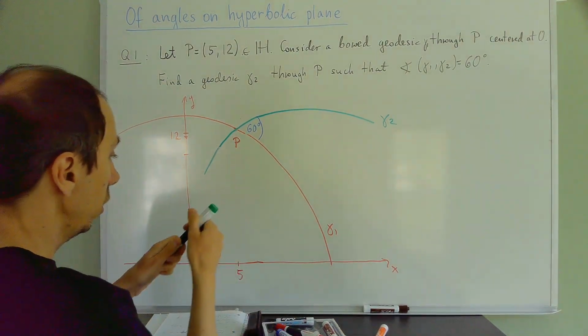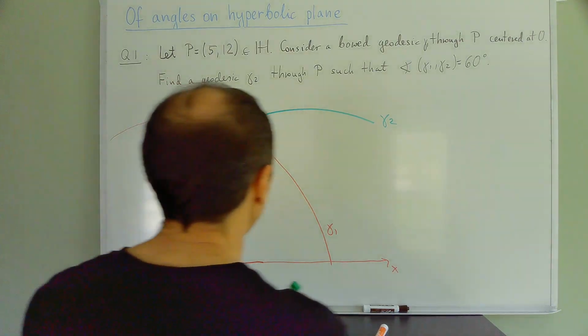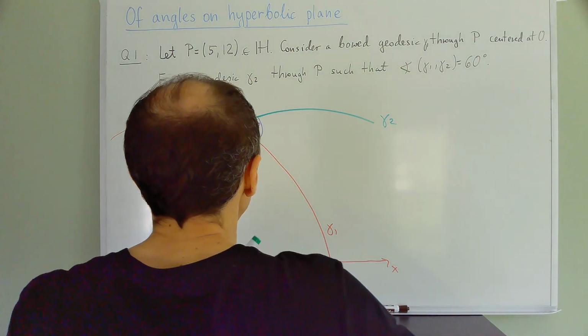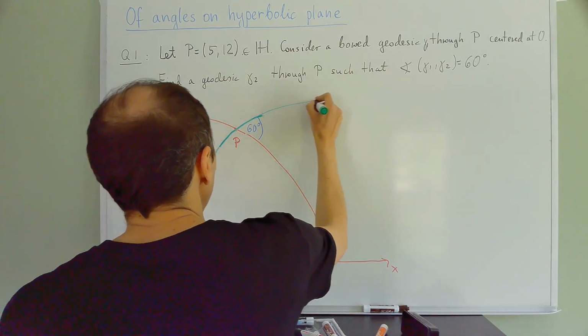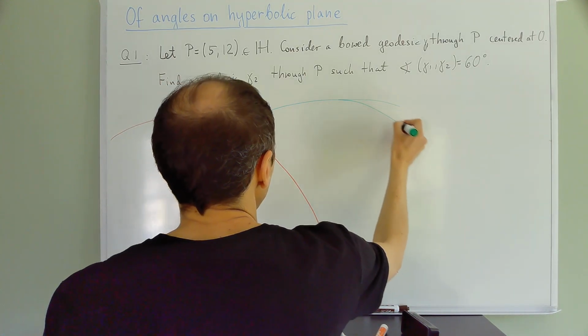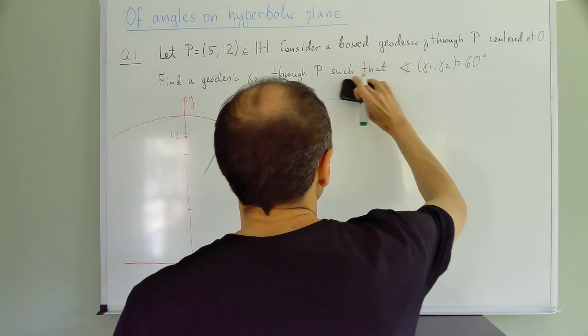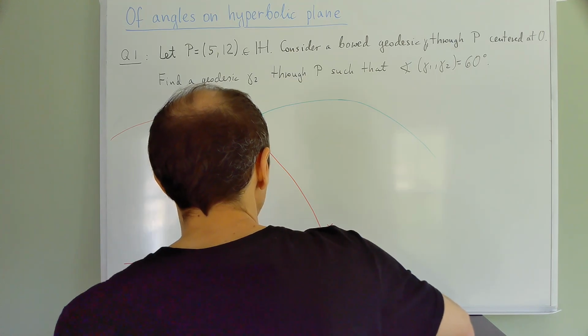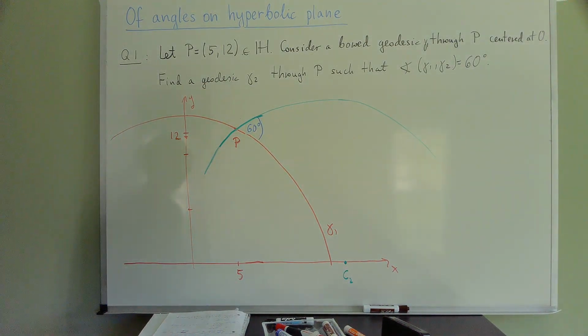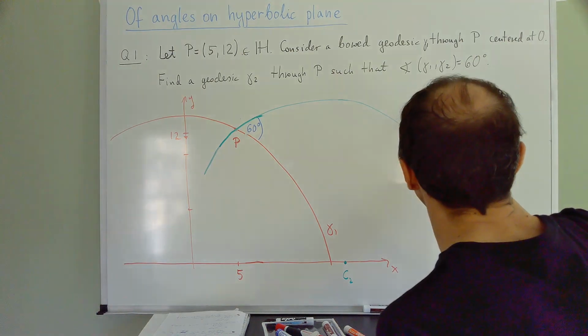So this geodesic is centered somewhere. Because I know the solution, I think it's going to be centered a little bit outside, somewhere here. It doesn't really matter, but let C2 be the center of gamma 2.